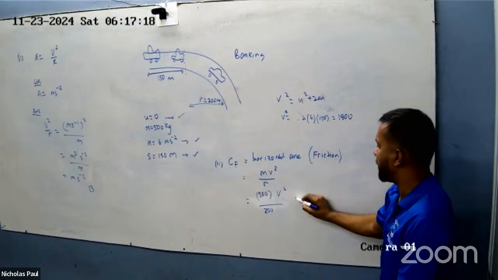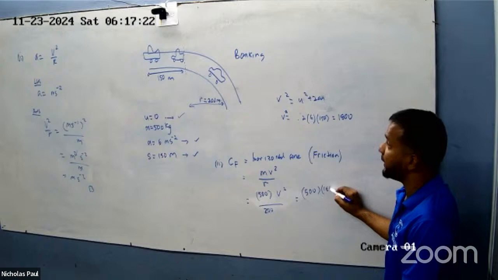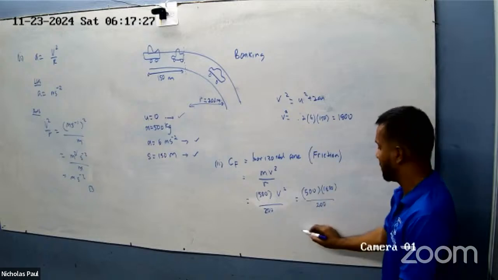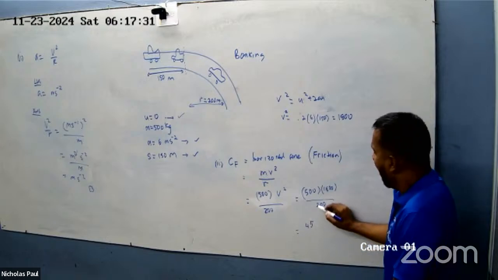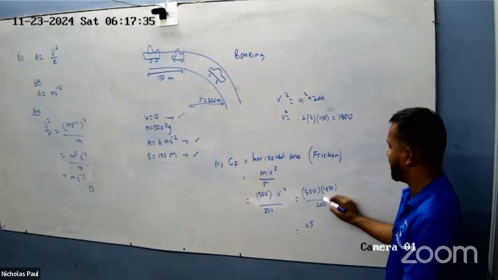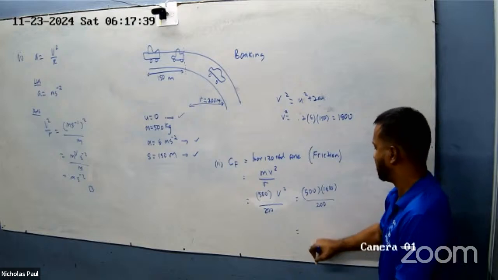And then you plug it in here. So that's 500 by 1800 all over 200. Work it out, tell me what you get. They can just cancel and you'll get 6 by 5. Yeah. The 300.